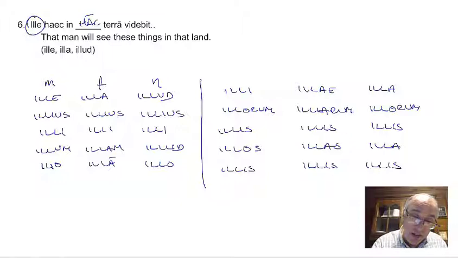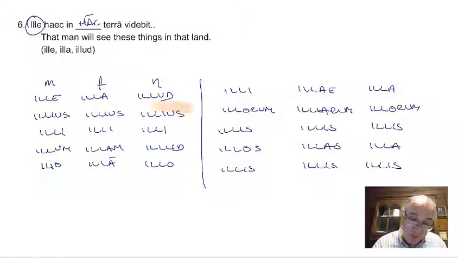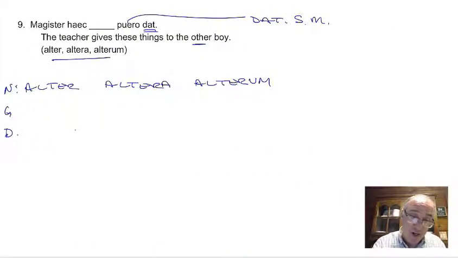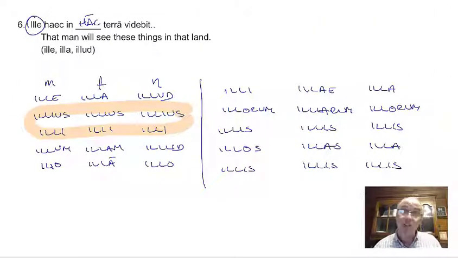Notice what we have in the genitive and dative singular of illius: ius, ius, ius, i. It's the exact same thing over here. Alterius, alterius, alterius. Do you see that? The ius in the genitive, just like the ius here.